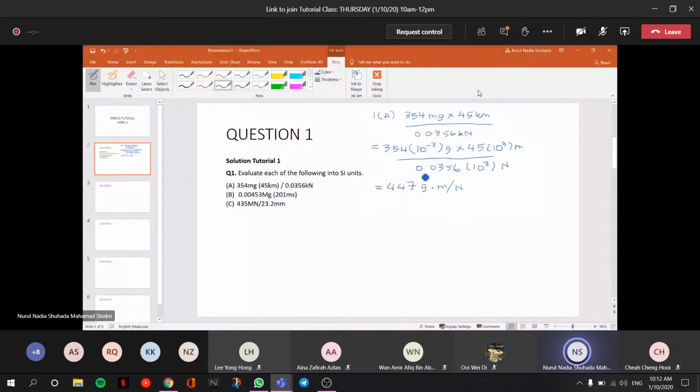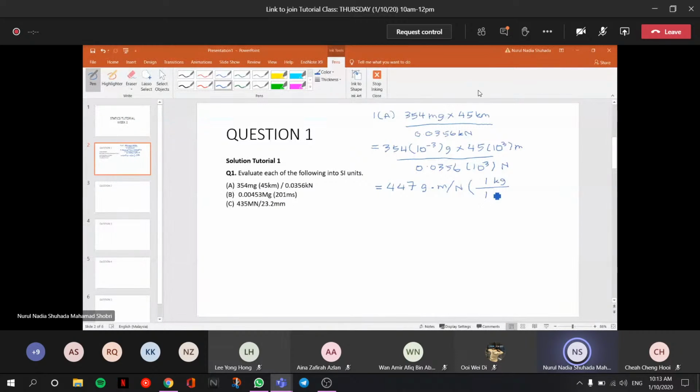So gram is not the SI unit. It should be kilogram. So the numbers should be divided by 1000. So 1 kg is equal to 1000 gram.